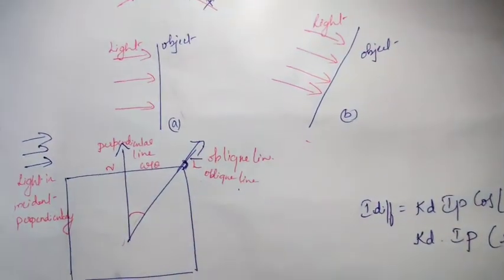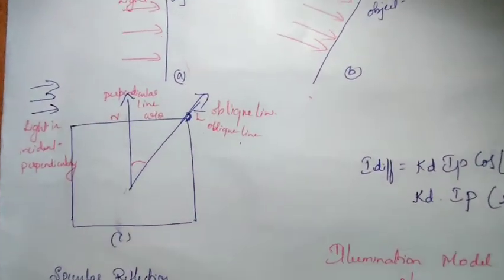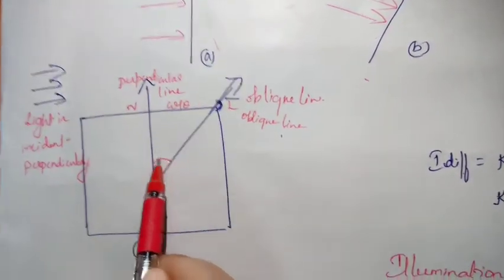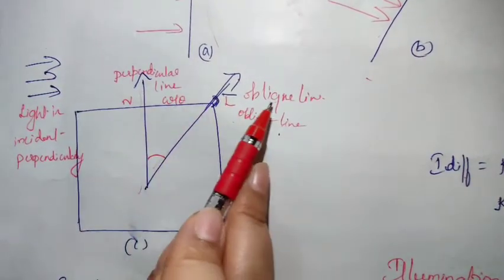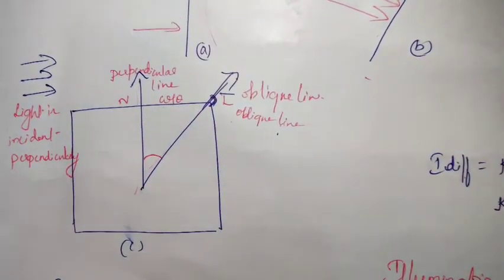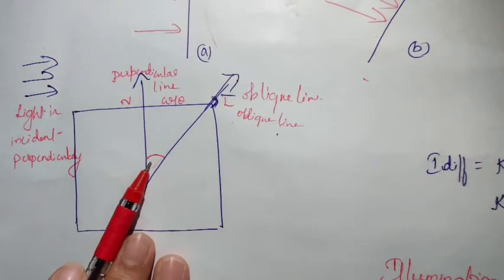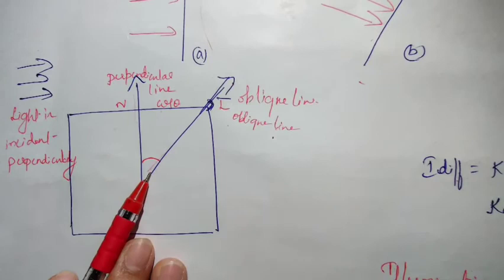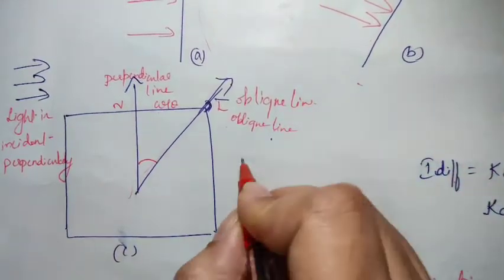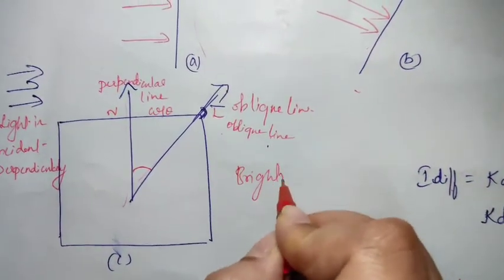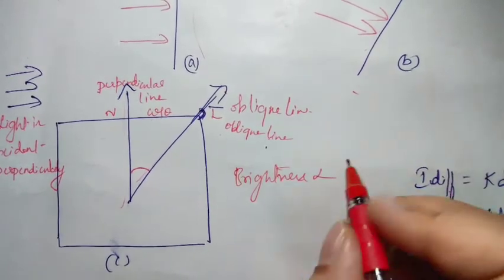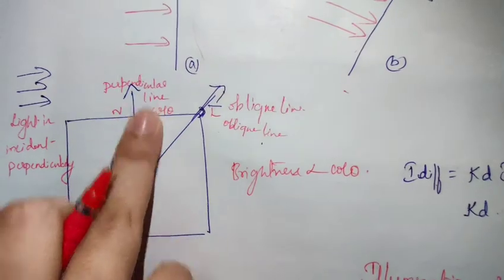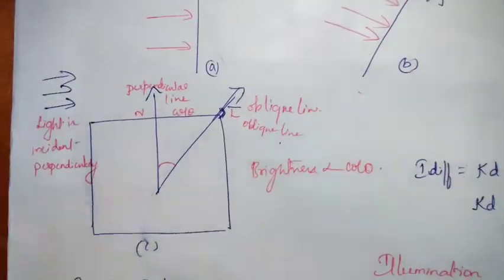In this case, the brightness will be proportional to cos theta, where theta is the angle between the perpendicular line and the oblique line. The brightness is proportional to cos theta because the surface is perpendicular to the light direction.